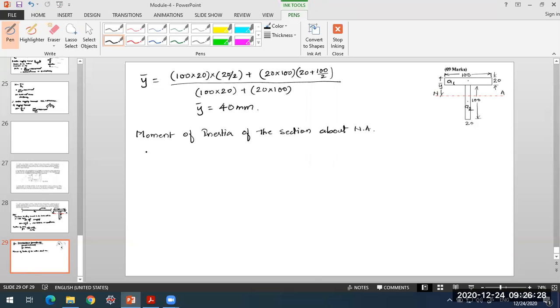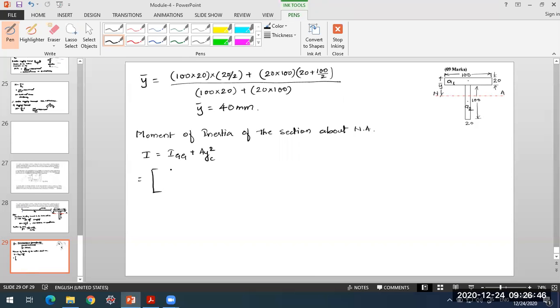Okay, so this can be obtained by applying the parallel axis theorem, which is I equal to I_G plus A into Y_C square here. So we have two areas. For both the areas, we will apply the parallel axis theorem.